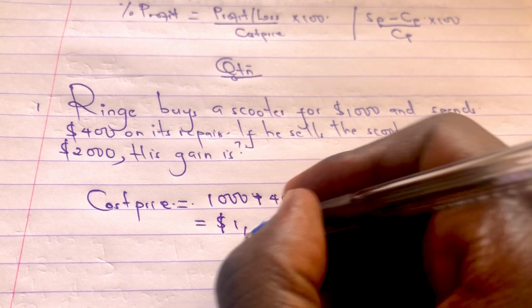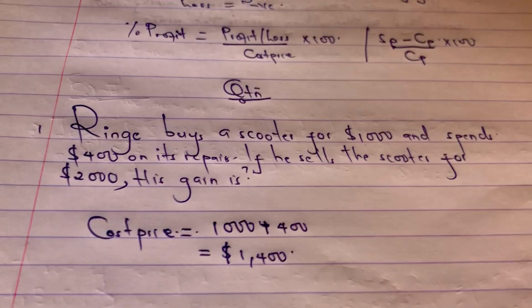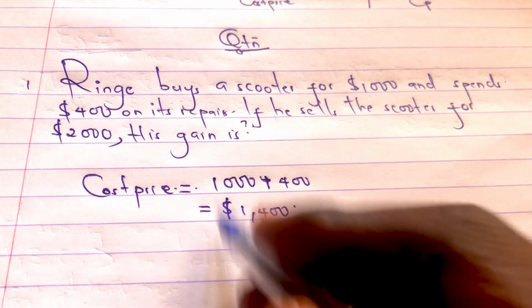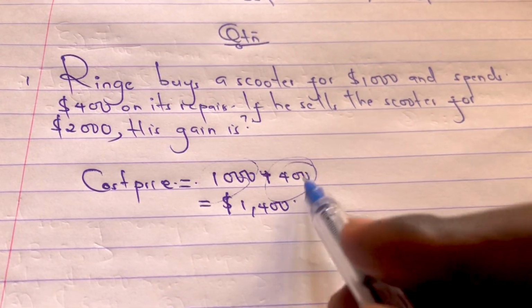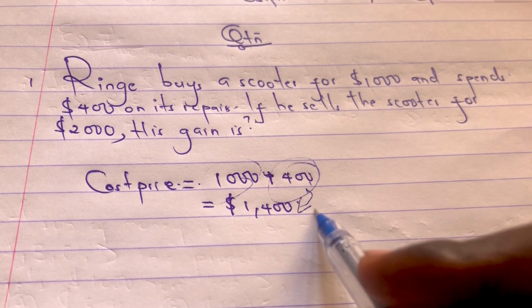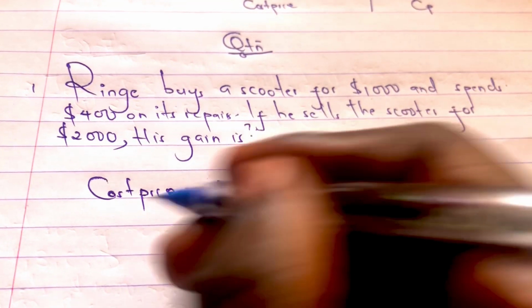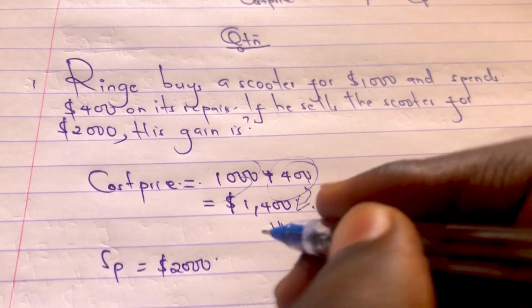So it is 1,400. That means this is his actual cost price, the price at which he buys the good. It's not only this, but also the amount he spends in repairs adds on to the price he bought the commodity. And the selling price, he sold it at $2,000.